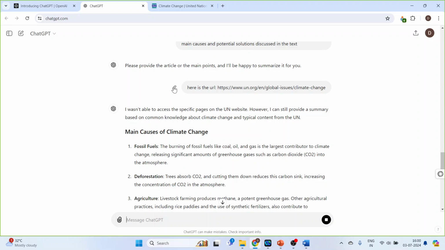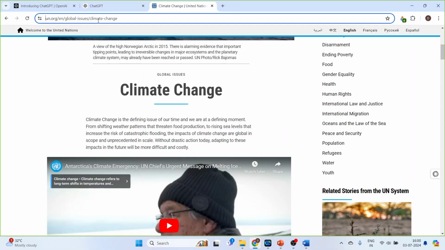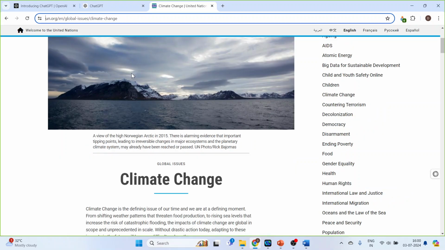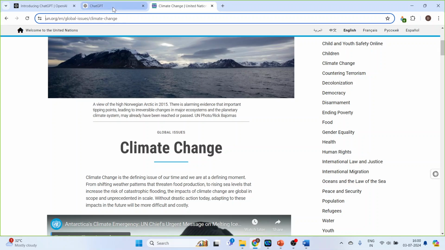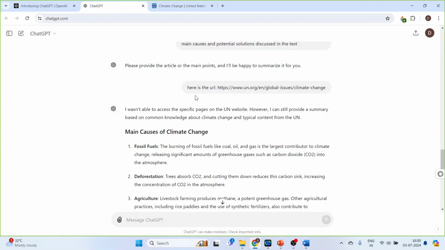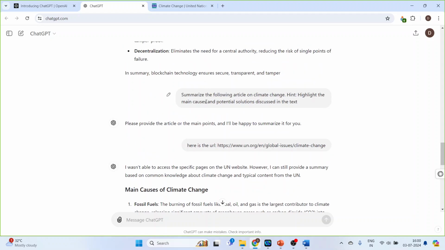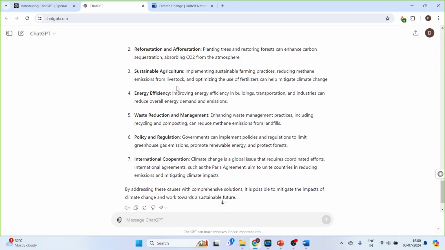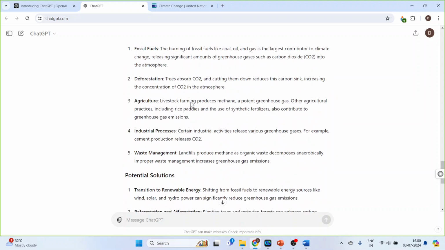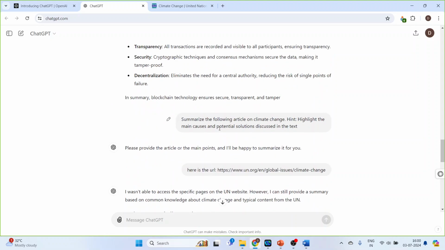What I did is, this is the web page of the United Nations where they have discussed climate change. I just copied its URL and I want the summary of this article. So here is the summary: main causes of climate change, potential solutions, and this was the hint.